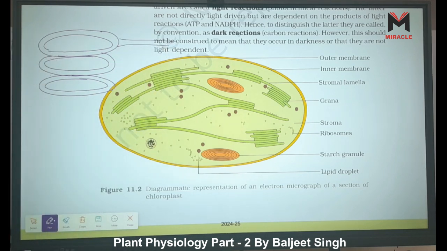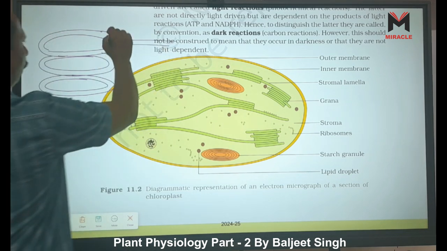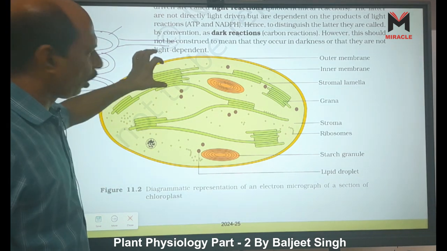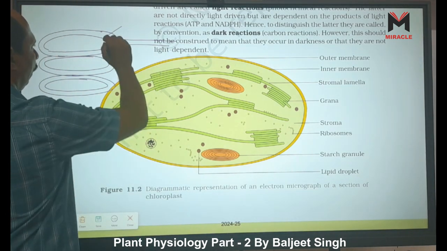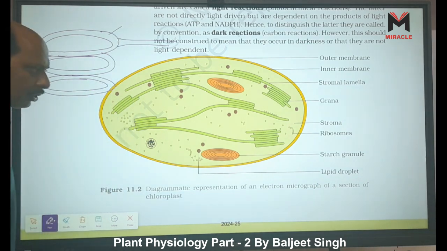These are lamellae. This is the stacking of thylakoids, right? This one is called a thylakoid, and it is also a double membrane structure.